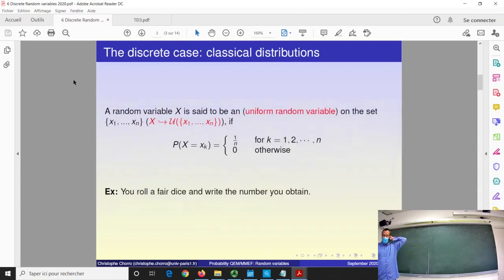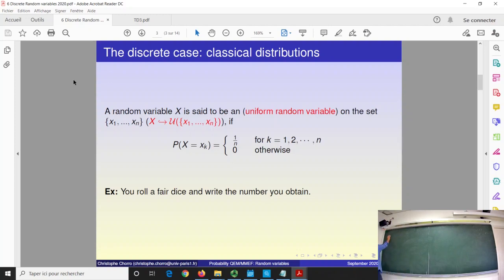We have seen several cases. For example, the uniform random variable on x1, ..., xn. Here I take a finite number of possible values, small n, so the sum involved in the definition of the expectation is a finite sum. I am sure that I am in L1 because I have a finite sum. No problem with this.